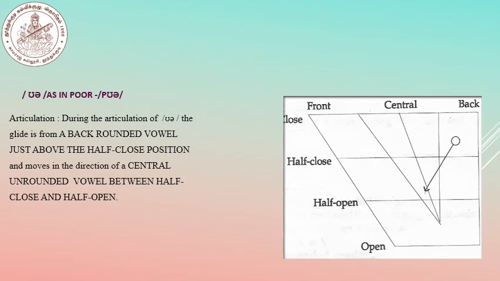So during the articulation of over, the glide is from a back rounded vowel just above the half closed position and moves in the direction of a central unrounded vowel between half closed and half open. Okay. So now I think you will understand diphthongs and monothongs.